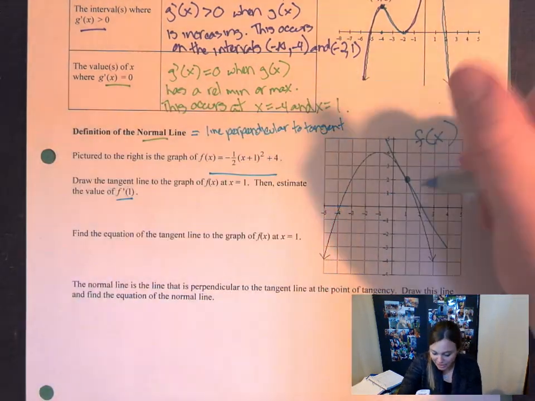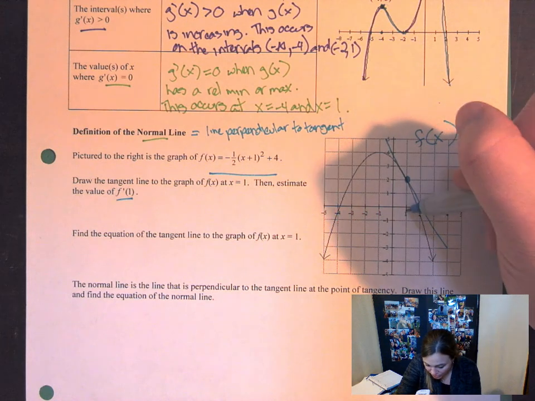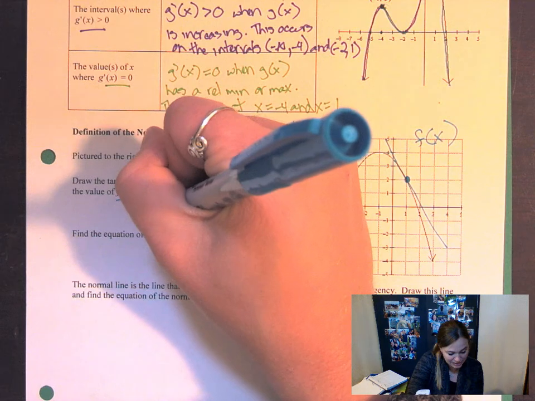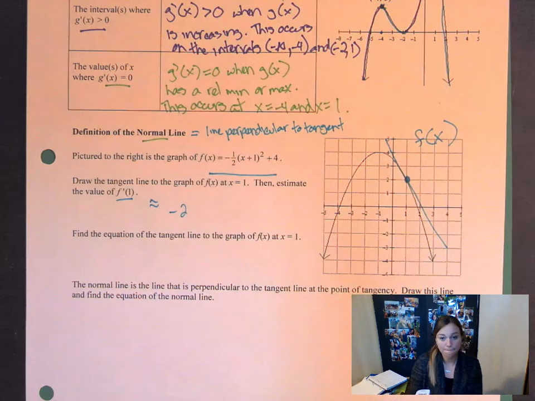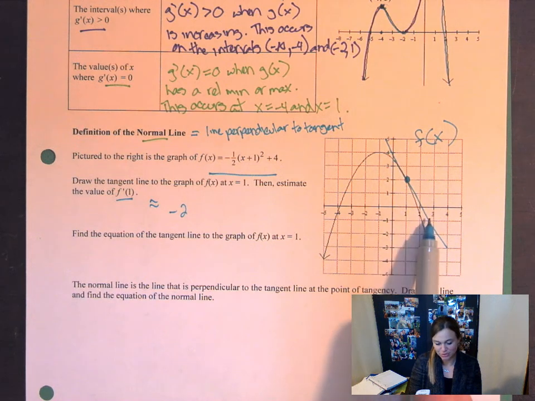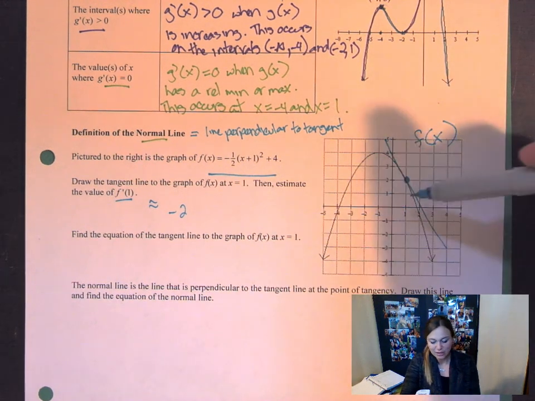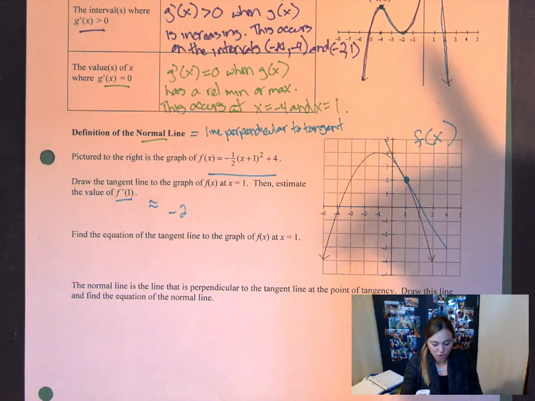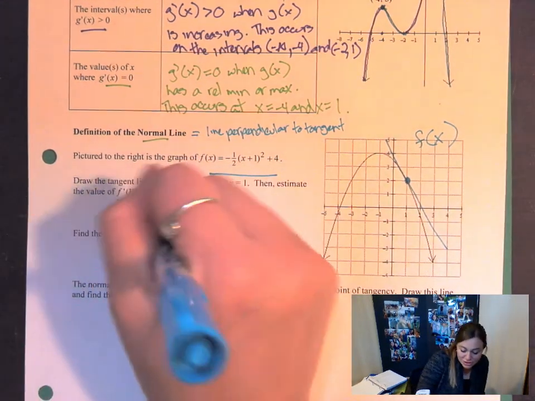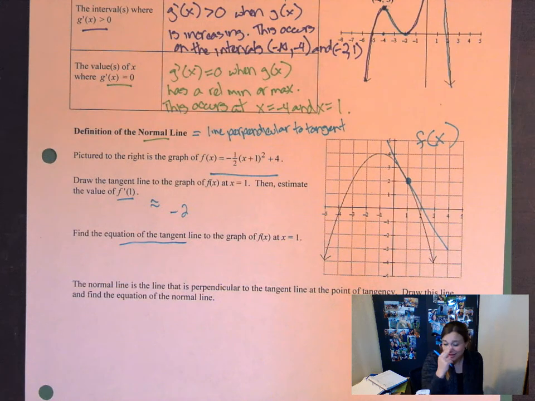So if I'm estimating, I go down to the right 1, I'm going to say approximately -2. And it's close. Mine isn't even that nice. I just know that this one's going to be -2. So just get close. Find the equation of the tangent line. I had two things. What are they? It's a slope and a point.